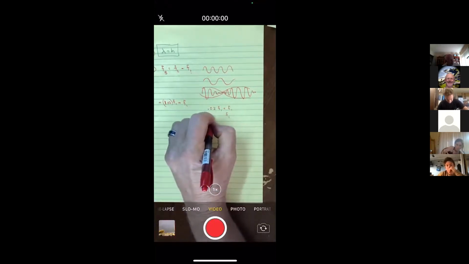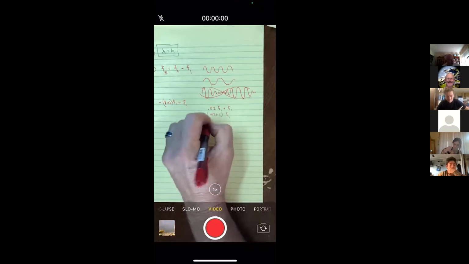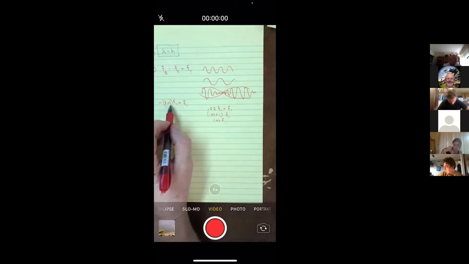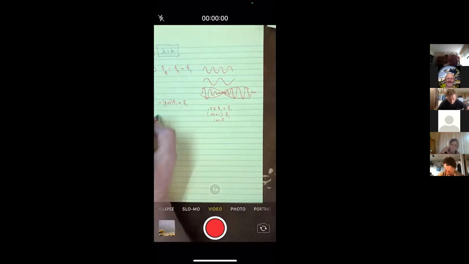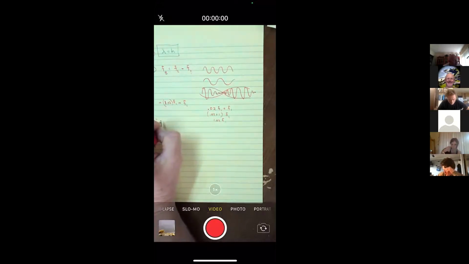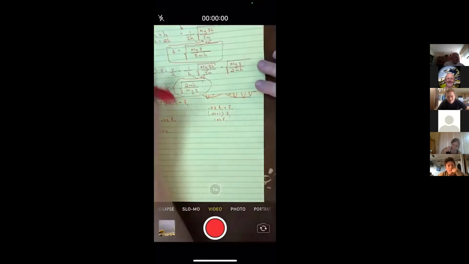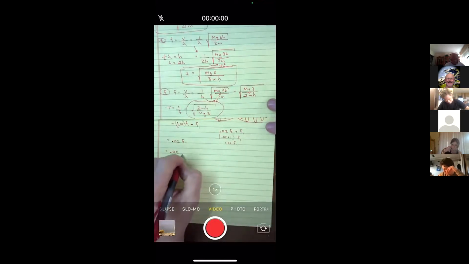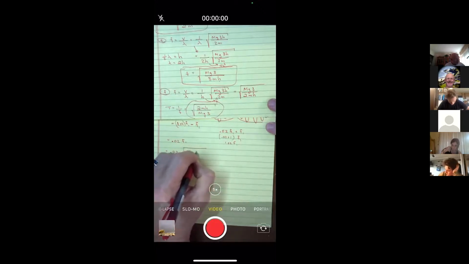So the original times 0.02 plus 1, which is 1.02 F1. So the difference between them really just comes out to be 0.02 F1. And F1 was what we got back in E. And so this would be 0.02 times the square root of mg3 over 8mh.